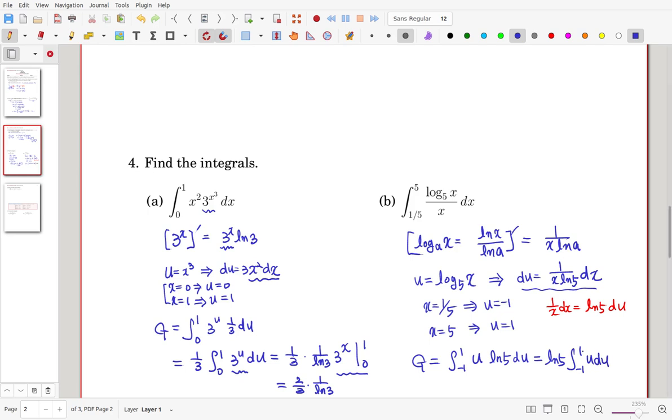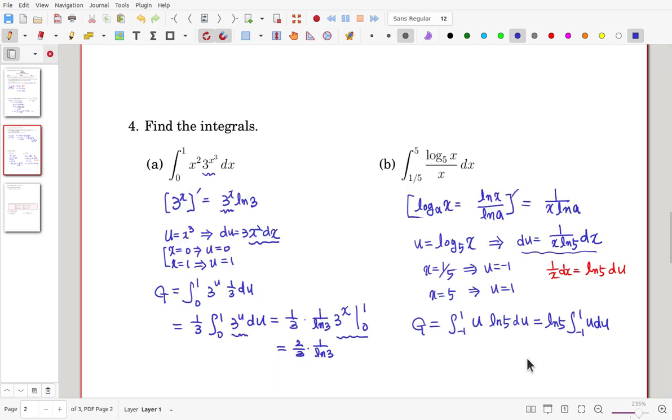This is a symmetric interval, and this is an odd-order term, u, so the integration must be 0. So here we have 0. That is the final answer.